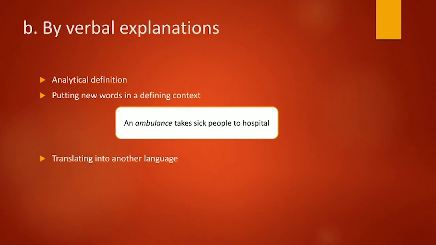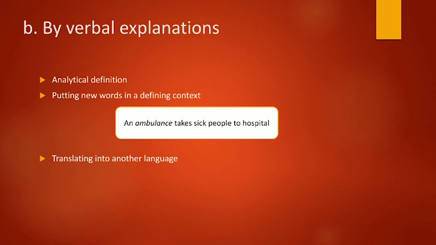And then the third is translating into another language. In this case, we can translate into our mother tongue, our first language, which is Indonesian. But sometimes a new word is first explained in the foreign language or with pictures.